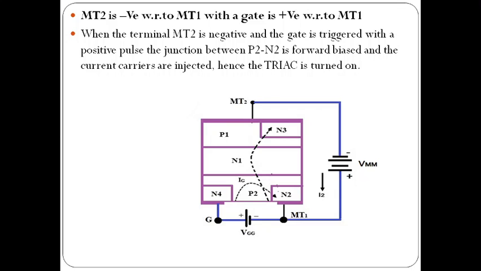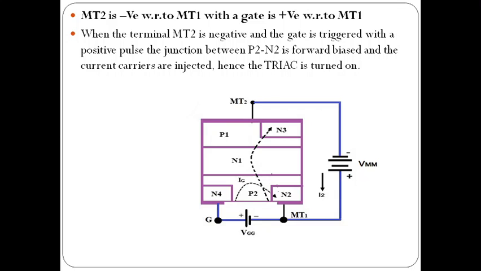So when the terminal MT2 is negative and the gate is triggered with a positive pulse, the junction P2N2 is forward bias and the current carriers are injected, hence the triac is in conduction mode. So these are the four different operating modes of triac.